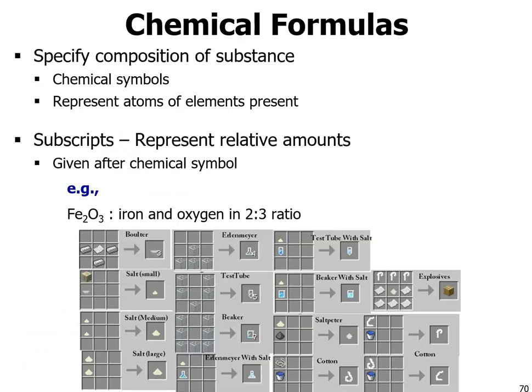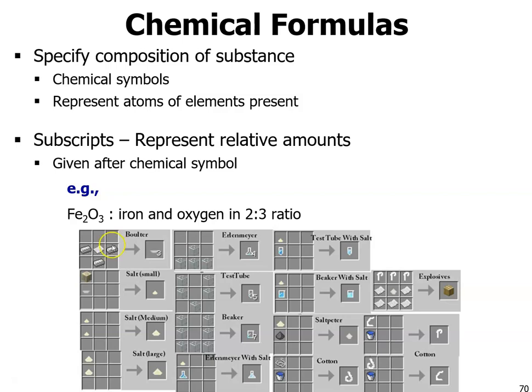I don't know how many of you are gamers or if anyone plays Minecraft or has seen this before, but the idea of this world of Minecraft is that you have these little tables and you can put different elements on those tables, and you can create new things from that.